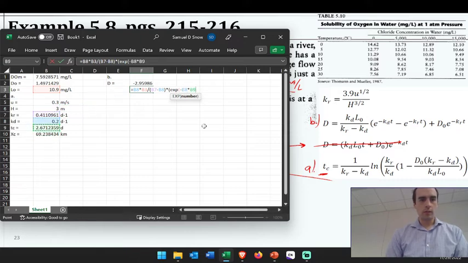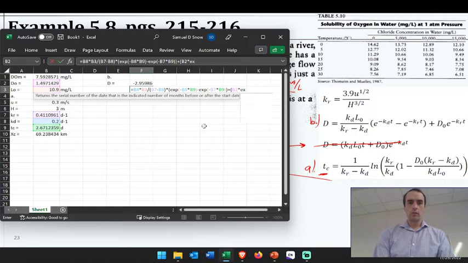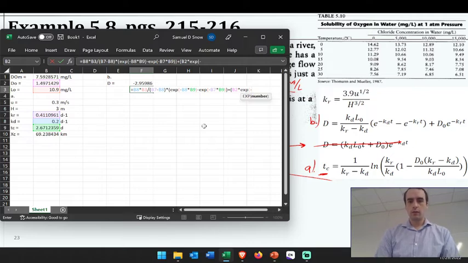Got the time here. Minus e to the minus KR times time. And I'm going to close that entire section. Add D naught times e to the minus KR times time.